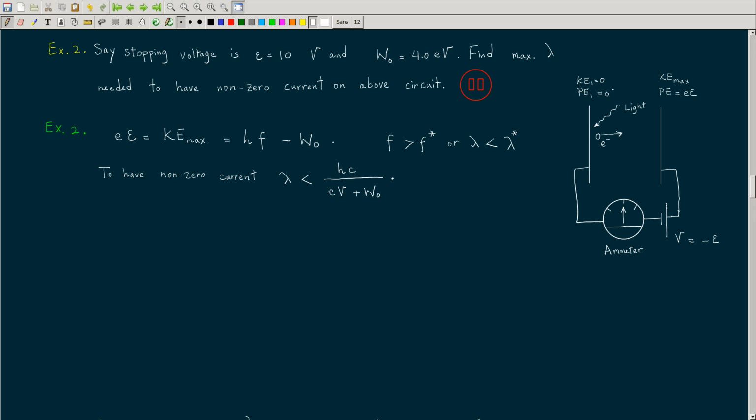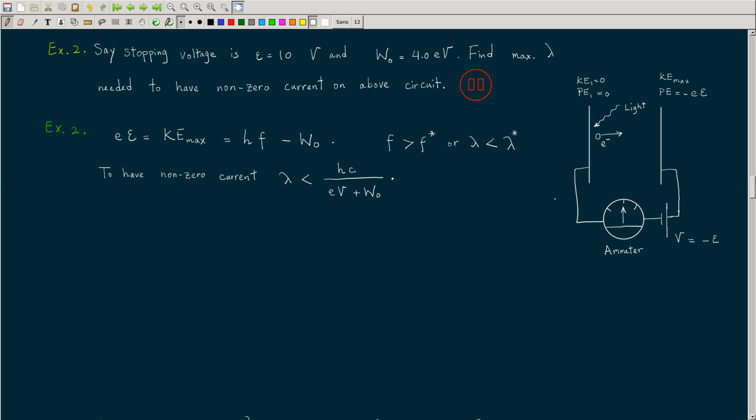The total energy at this point is 0, KE1 is 0, potential energy 1 is 0, and at this point you get the potential energy negative E times E. We're assuming that the stopping potential is a positive number, and this voltage for the battery must be negative E.